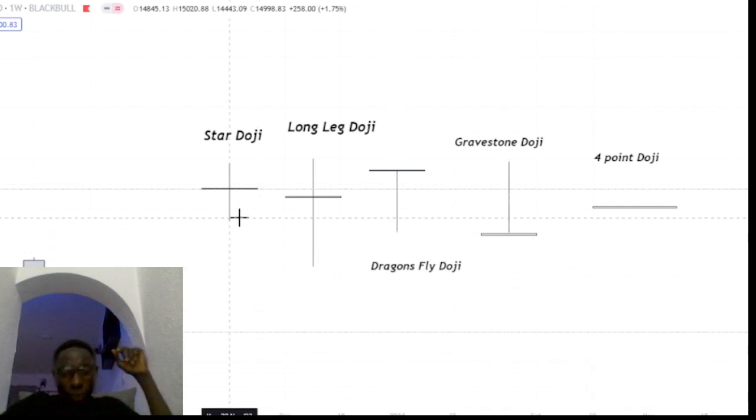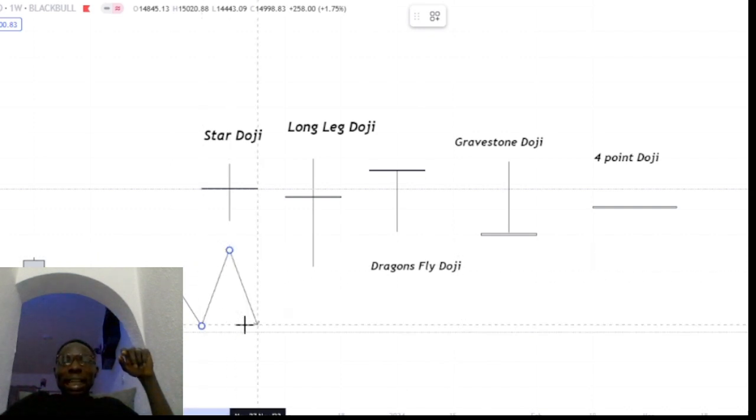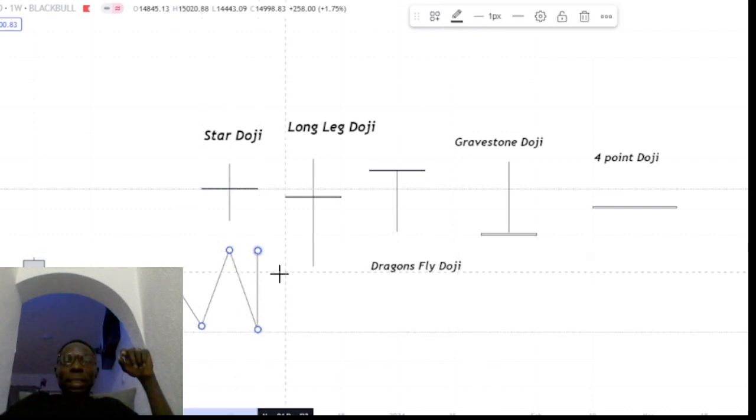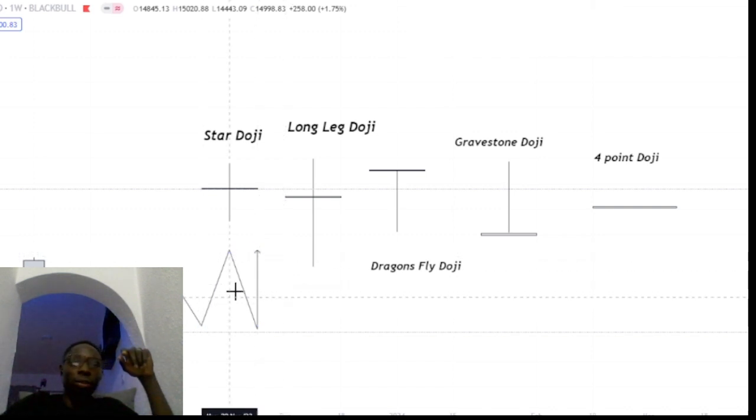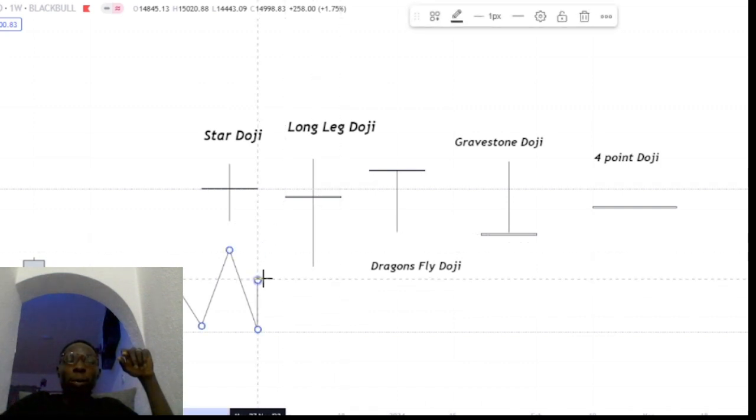Now the star doji. The star doji means that the buyers open the price, sellers push it down, buyers push it up again, sellers push it down, buyers push it up again, and it closes at an equilibrium position.